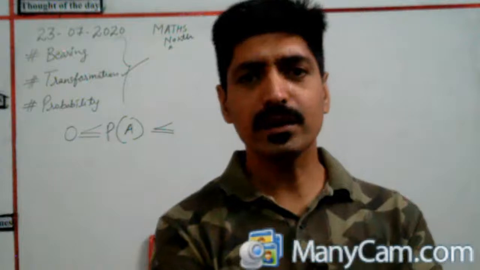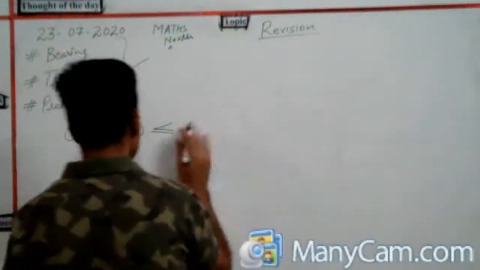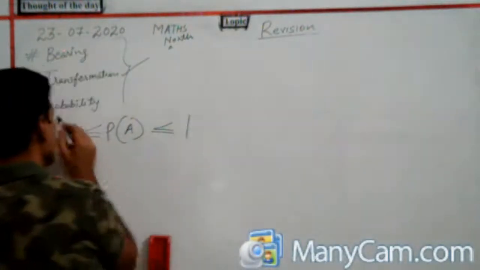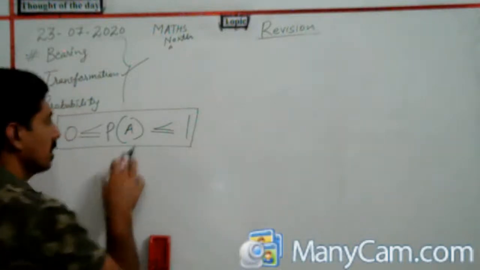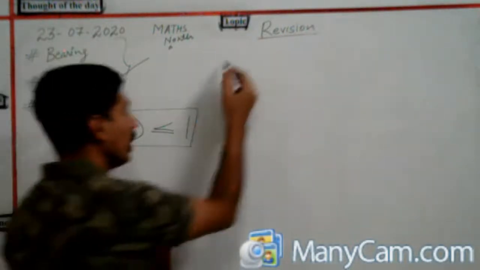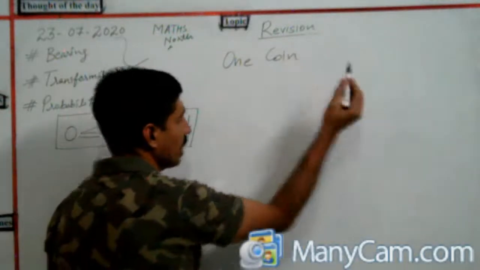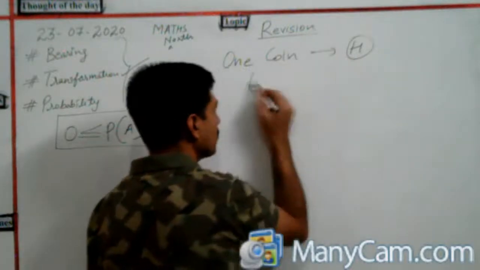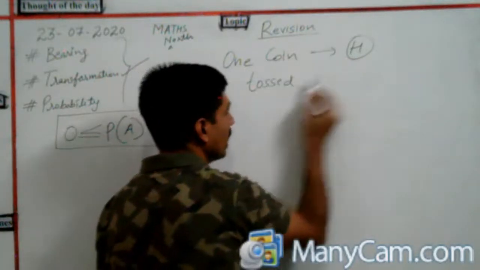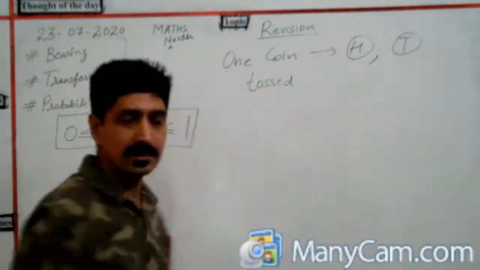If one coin is tossed, this is the main statement of probability, head can come or tail can come, right?